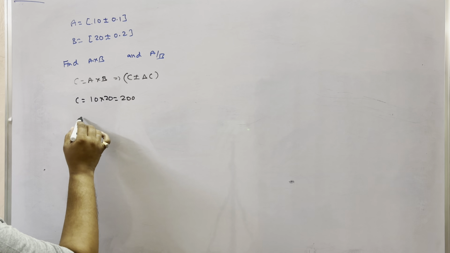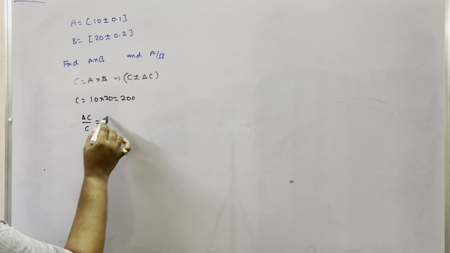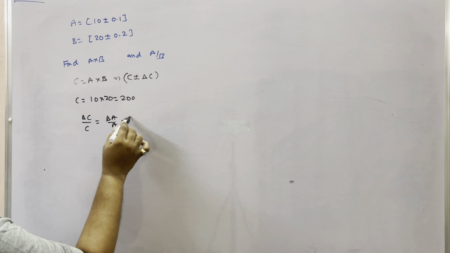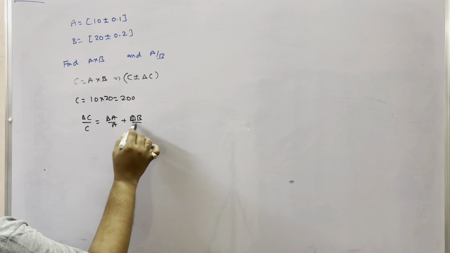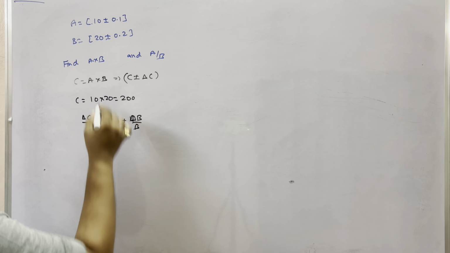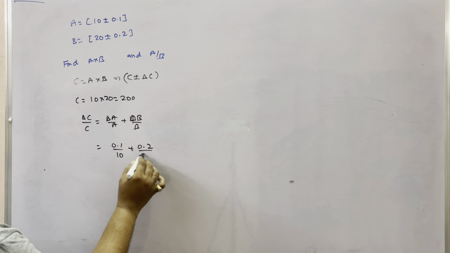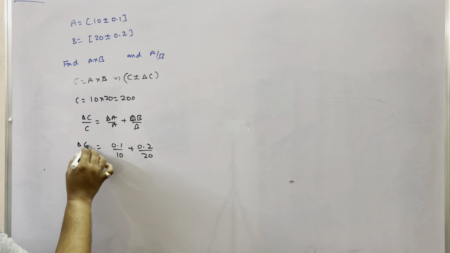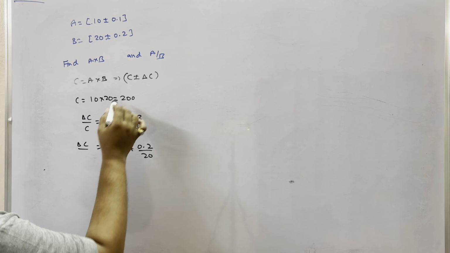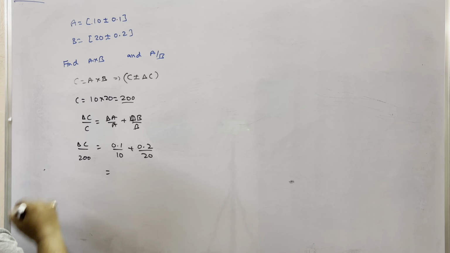Now how will we get delta C? Delta C by C is equal to delta A by A plus delta B by B. What is delta A here? 0.1 by 10 plus 0.2 by 20. So delta C by C, what C value did we get? C value is going to be 200.